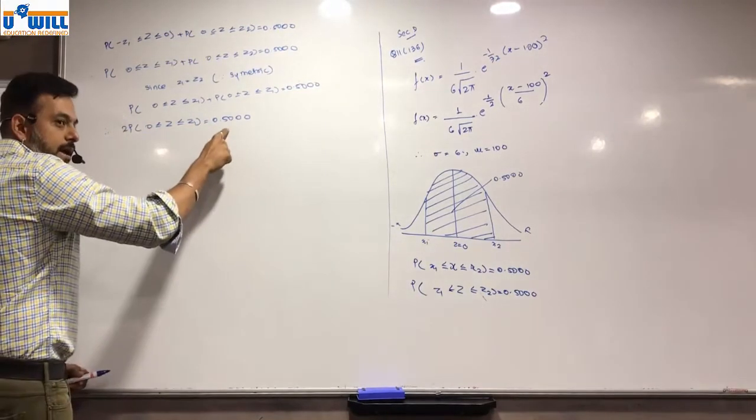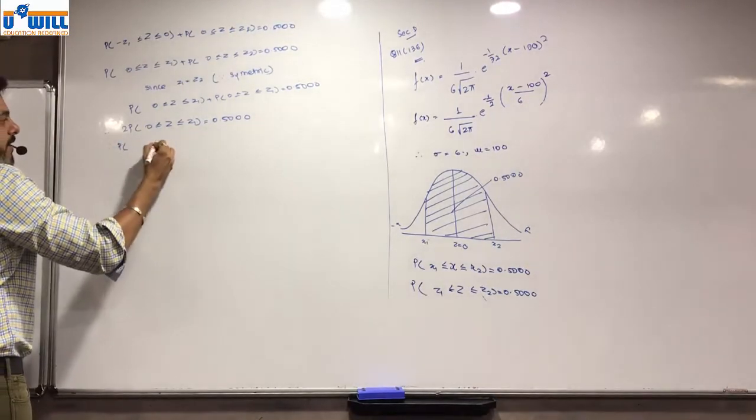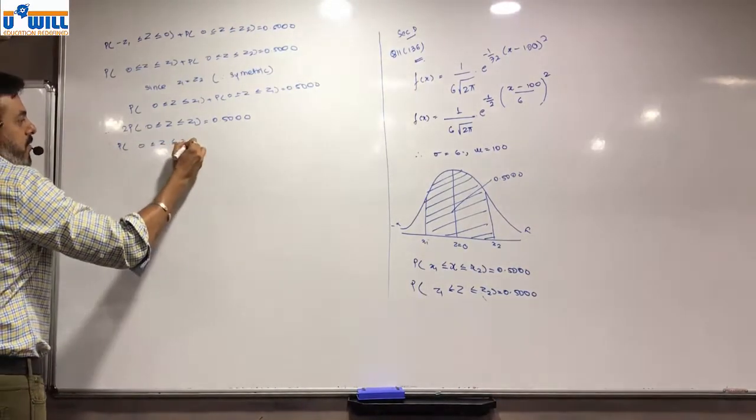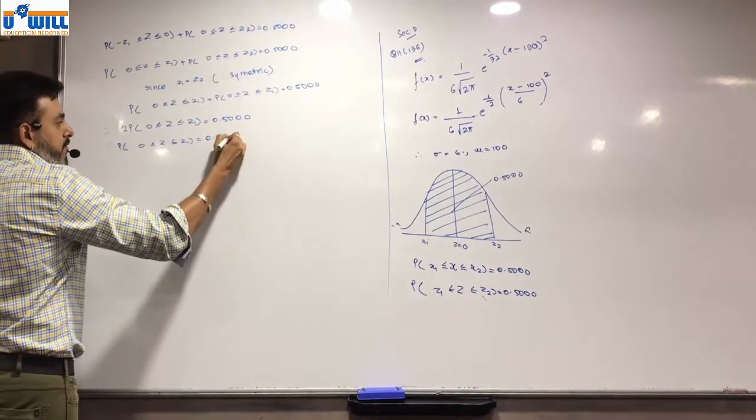So what will we do here? Divide. Therefore, probability of z greater than equal to 0 less than equal to z1 is equal to 0.2500.